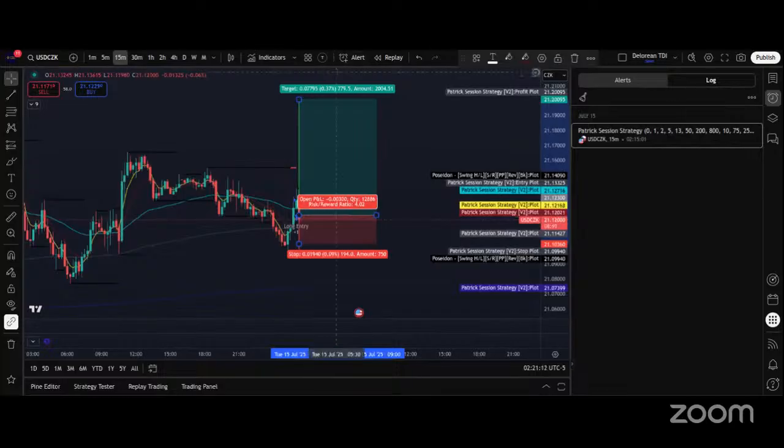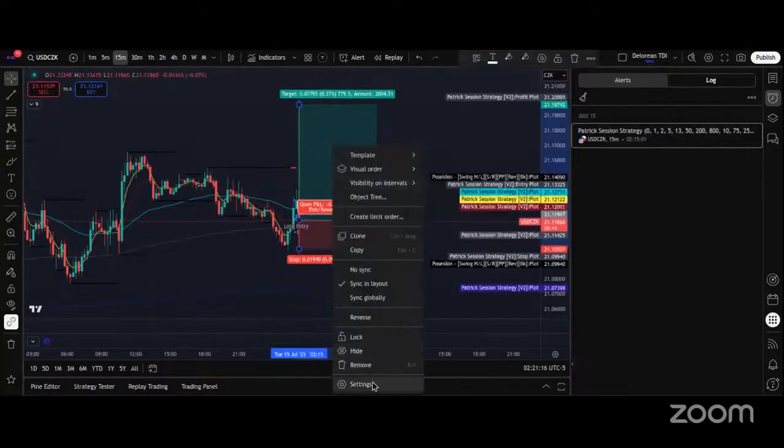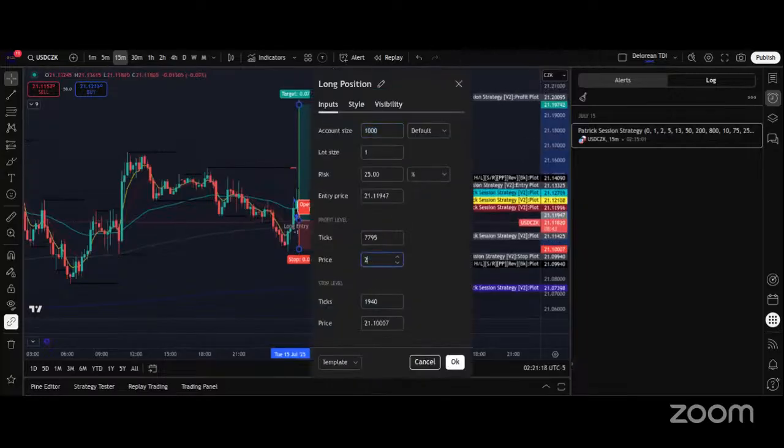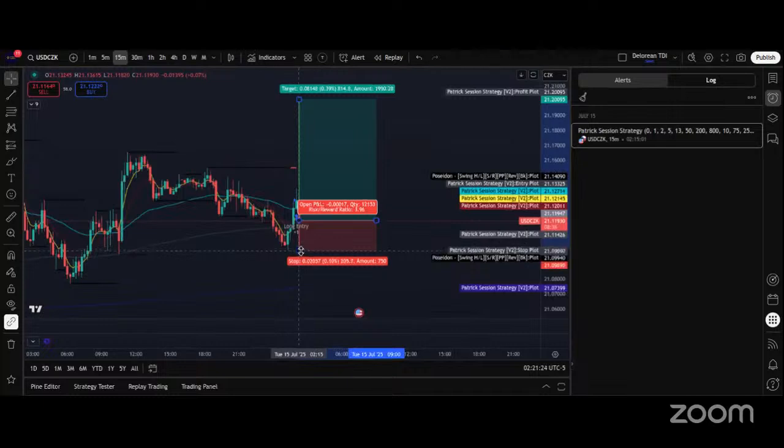Stop loss. Oh, it still gave us a better price. Okay. So for 3.90, this is now going to be for 815 pips.